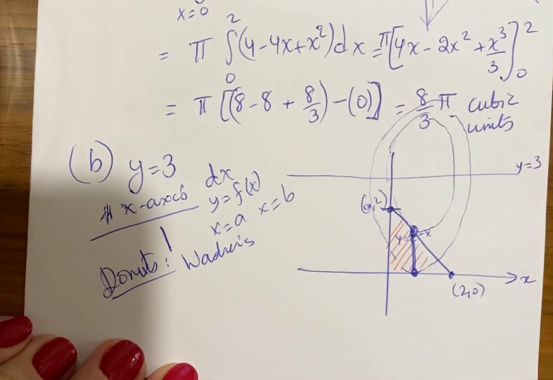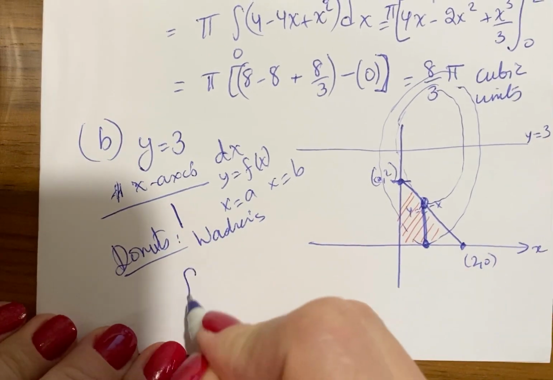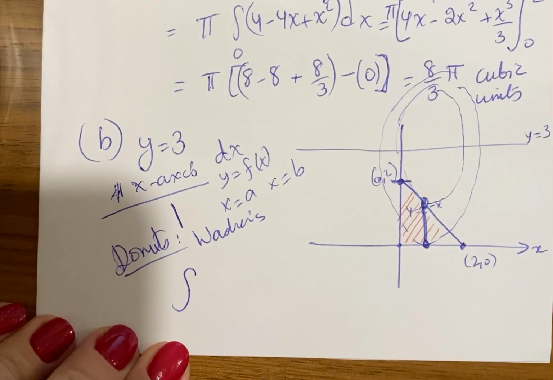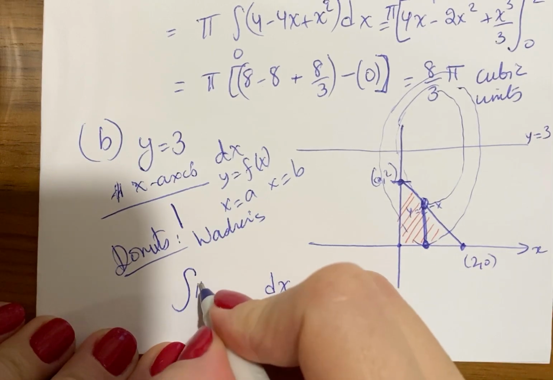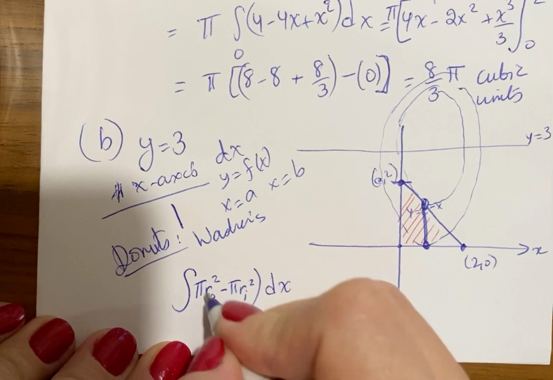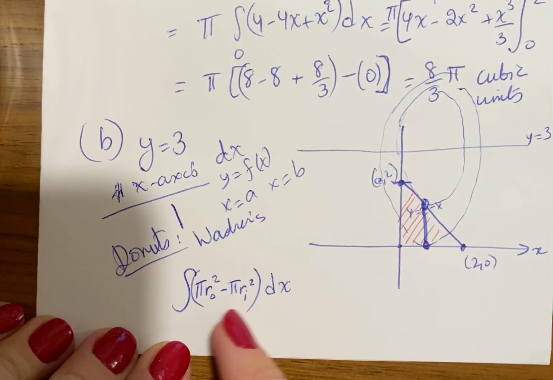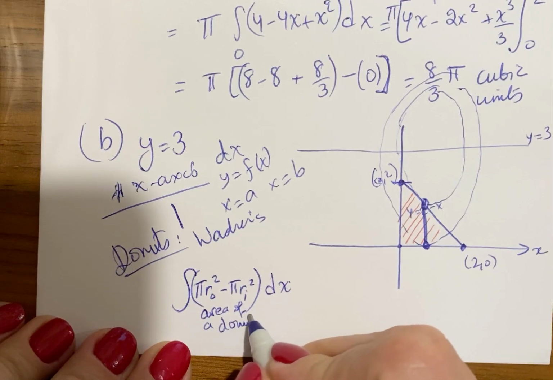To get the area of a donut and then integrate, the idea is you get the area of one donut and you integrate it with respect to x. What's the area of a donut usually? It's the area of the outer circle minus the area of the inner circle. So it's pi r outer squared minus pi r inner squared. That's what the area of one donut is, or a ring, or whatever you want to call it.